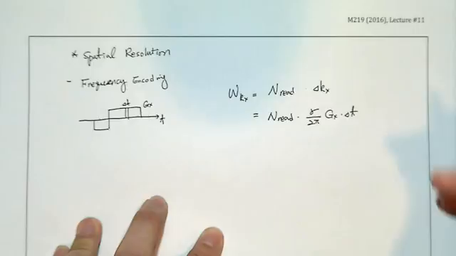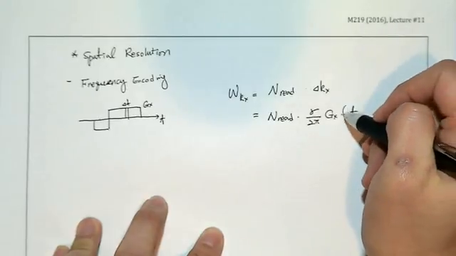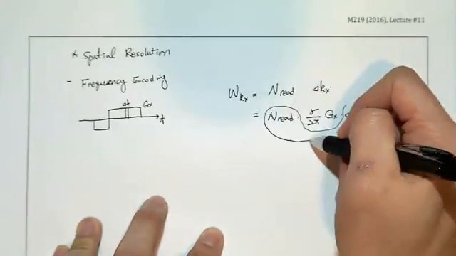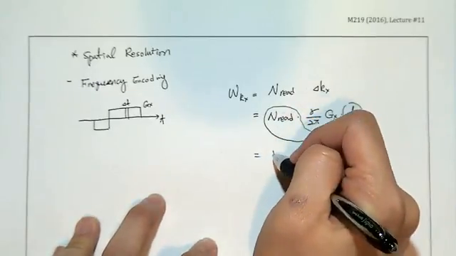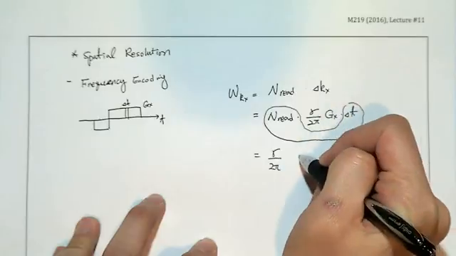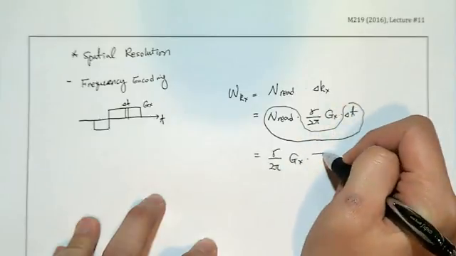And then, just think about it, delta t times n read is just the total time. n read is the number of samples, delta t is the sampling interval. So this is basically gamma over 2 pi gx times the total read time.